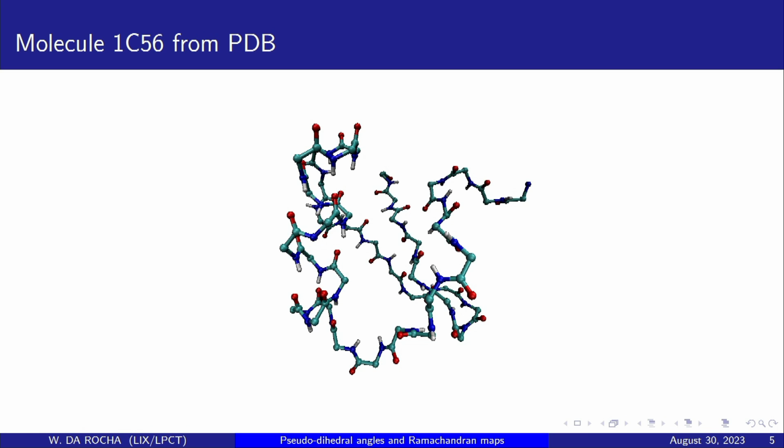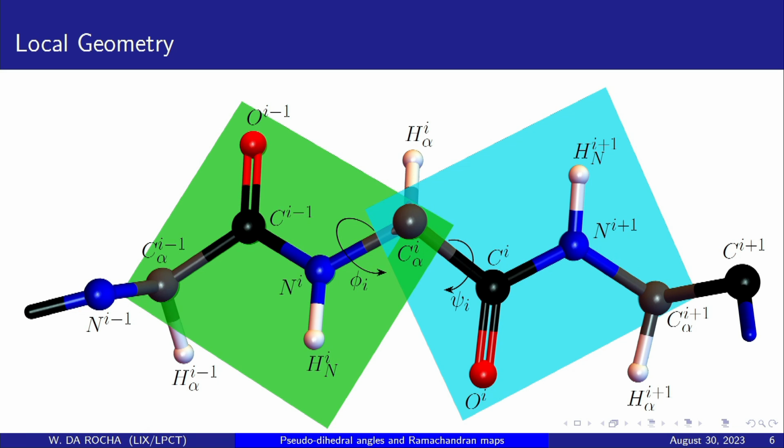In this case, I will also talk about the local geometry. The local geometry, as I'm defining it here, is the geometry defined in one residue and its neighbors. Here we have two residues, the residue i minus 1 and the residue i, and part of the residue i plus 1.